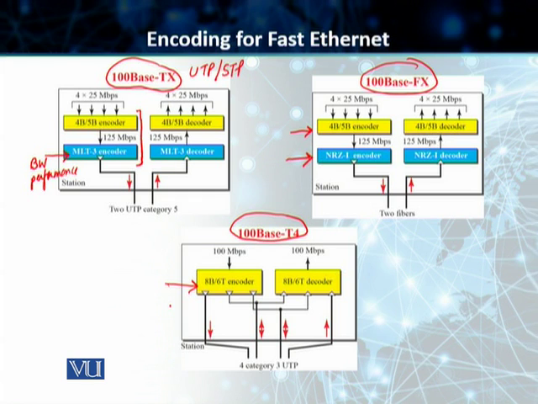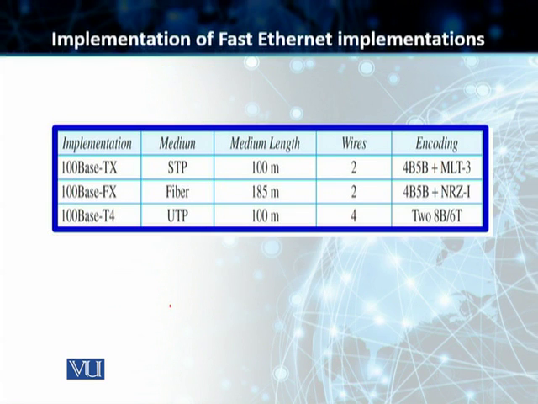So students, to quickly summarize, we have 3 basic implementations of fast Ethernet. The first one is called 100 base TX. The medium used is STP, shielded twisted pair. The maximum medium length is 100 meters before we are required to use repeaters. The wires are 2, and the coding used is a combination of 4B/5B and MLT3. 100 base FX uses fiber medium, 2 pairs, and 185 meters is the max length.